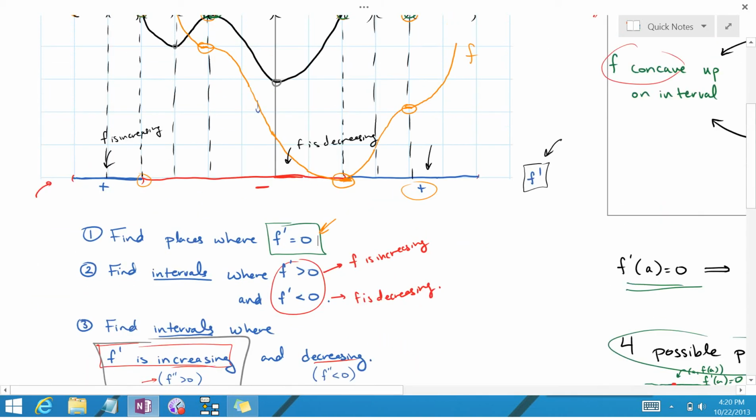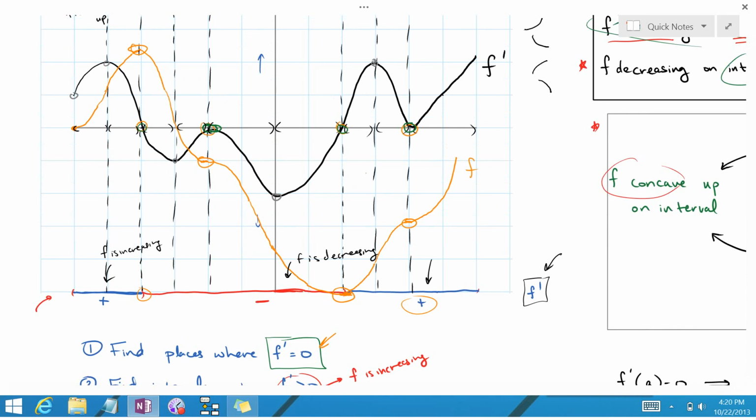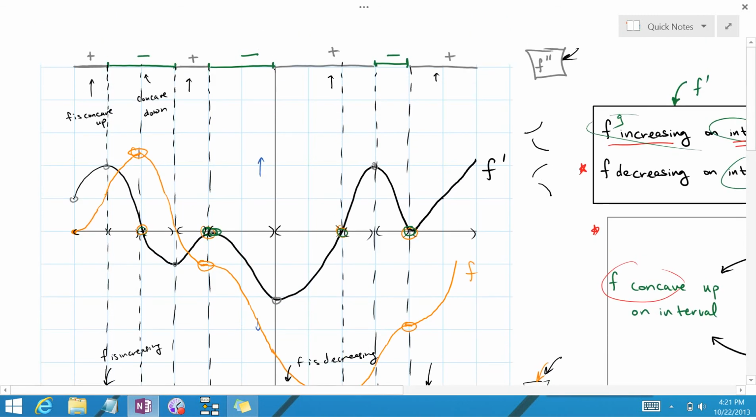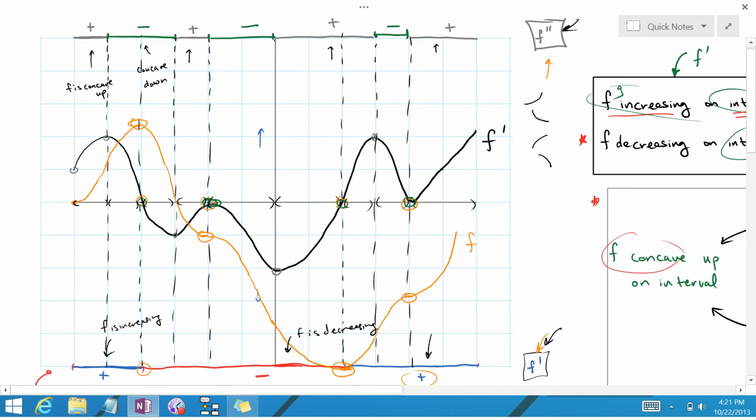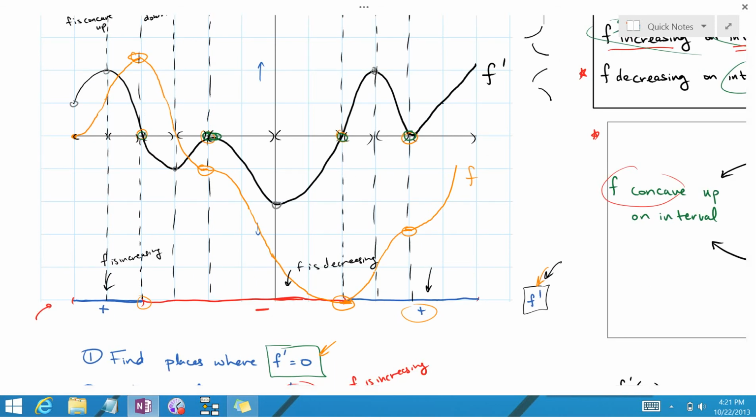And then the only question is, am I shifting the sign of f prime, which means I've got to stop drawing things decreasing and start drawing them increasing, or vice versa? Or did I hit a wall where f double prime shifts sign, in which case I've just got to slightly change the way I'm drawing it? Instead of drawing something concave up, maybe I should start drawing things concave down. So that's how that works.